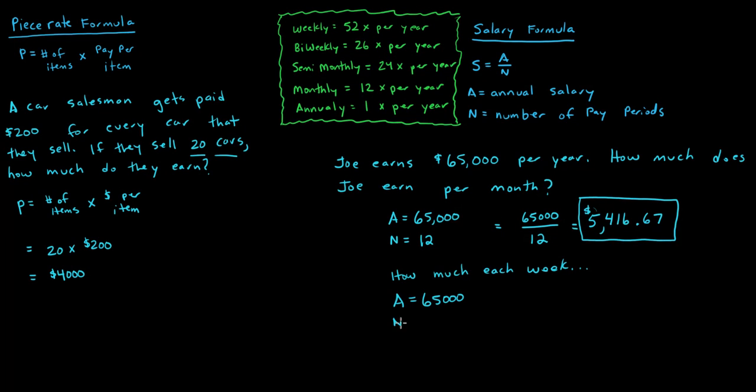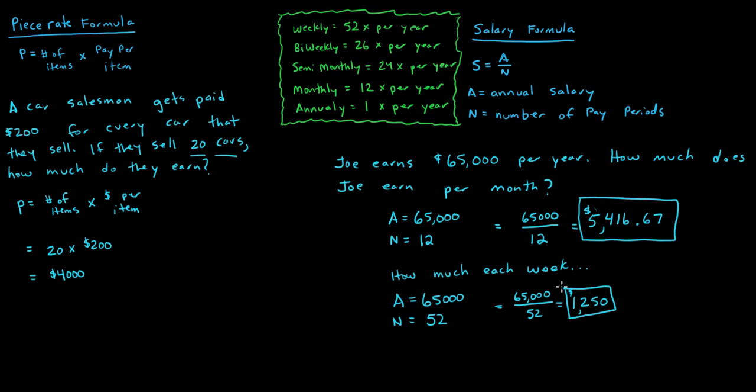And now my N, or my number of pay periods, would be 52, because there are 52 weeks in a year. So here I would go 65,000, I would divide it by 52. And when I do that, I get $1,250 is how much he earns each week.